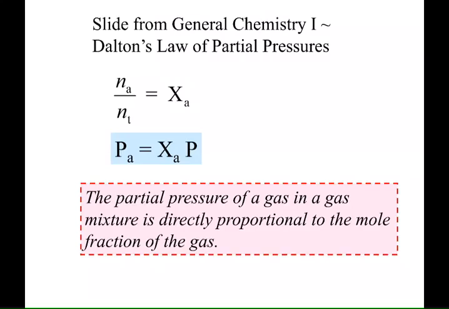Dalton just said if you have a box where you have gas A, gas B, and gas C all in there bouncing around, he basically said that the pressure of A plus the pressure of B plus the pressure of C is equal to the total pressure. They're additive. And that's Dalton's law of partial pressures.